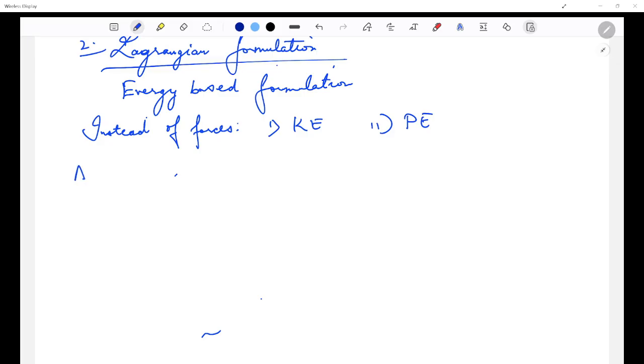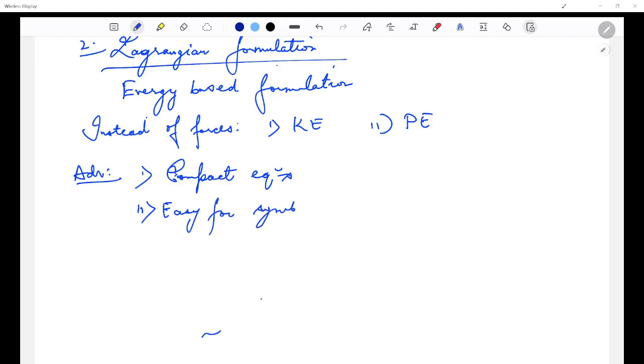So the advantages of this are it has compact equations, and it is easy for symbolic derivations. It's clean. Okay.